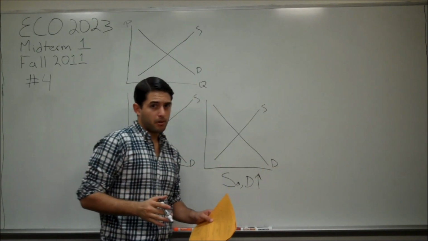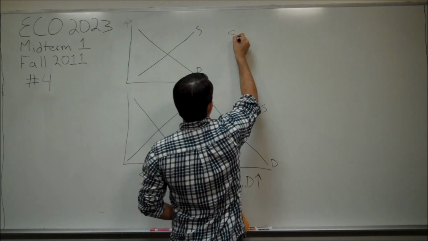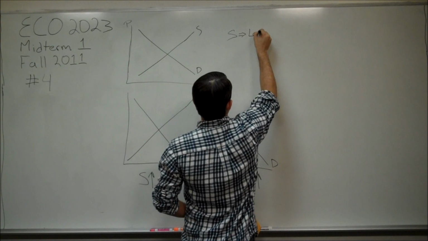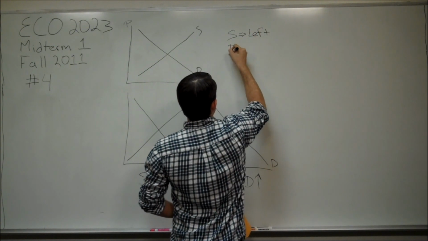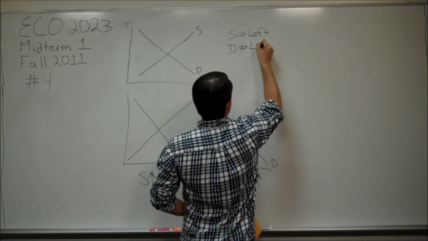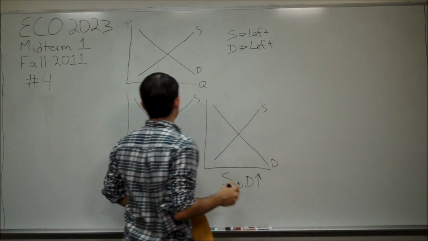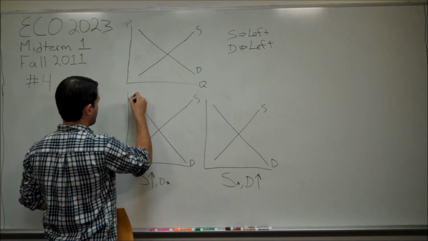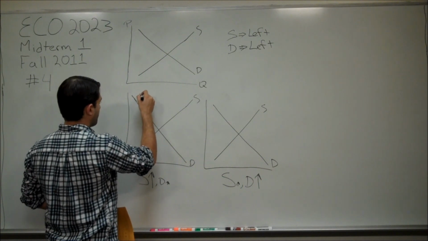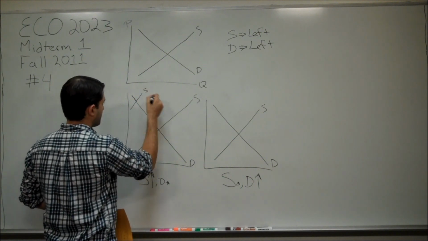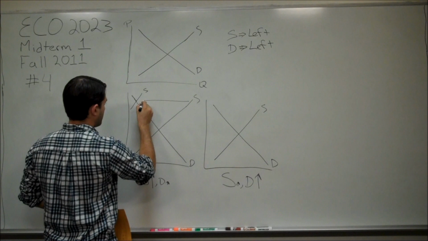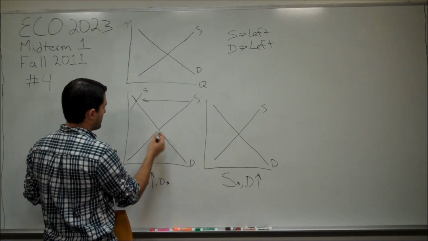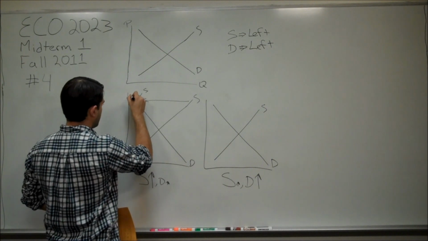Remember, penalties are being imposed on both, so both the supply is going to shift to the left and the demand is going to shift to the left. So here we're going to shift the supply a lot. So we're going to be real exaggerated about this. We're going to shift the supply all the way over here, and demand just a little bit. So the demand's only going to shift a little bit to the left.